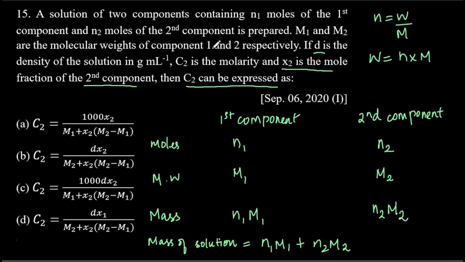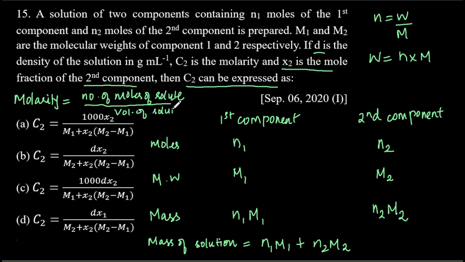In this question, C2 is the molarity. We know the formula of molarity: number of moles of solute divided by volume of solution in liter. As C2 is mentioned, here the solute is taken as the second component.